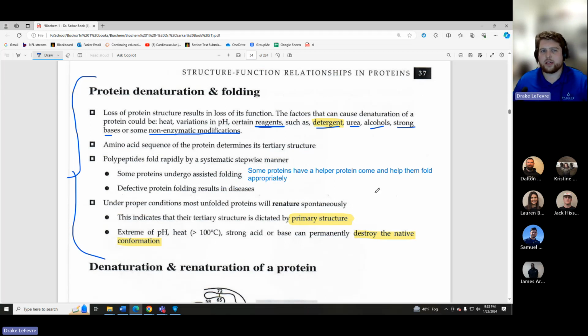And the answers would be like super high heat, the use of a detergent, the use of an alcohol, a drastic change in pH, or he'd probably ask which of the following will not denature a protein. So then he'd give you 4 choices, and several of these would be on here, and just one of them is wrong. Is that like an actual question that you remember, Kristen? Yep.